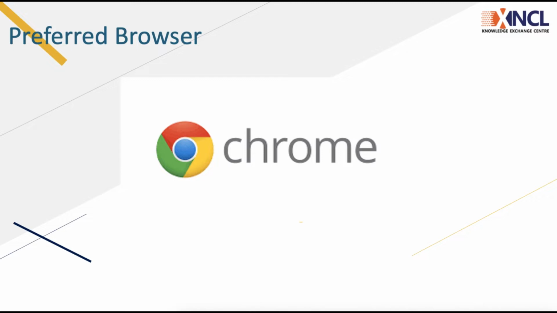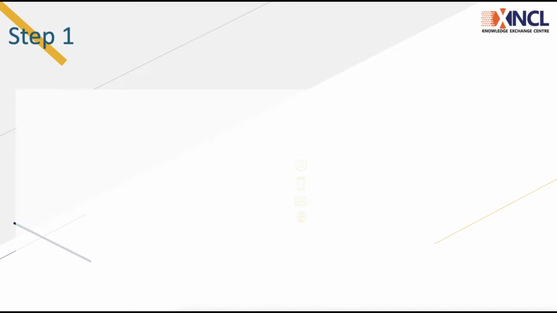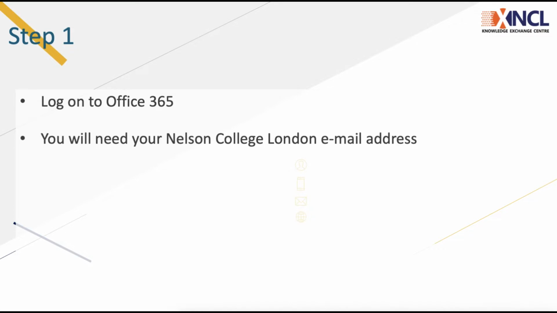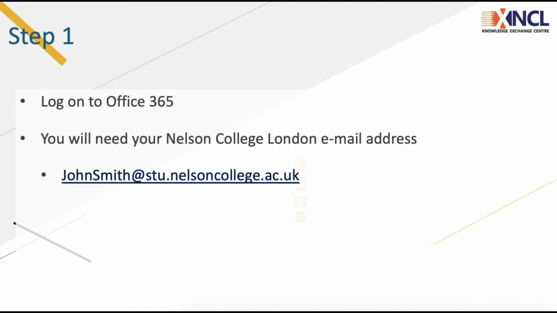Here are some of the things that you're going to need. The first thing you're going to need to do is to log into Office 365. To do that, you're going to need your Nelson College London email address. It will look something like this.